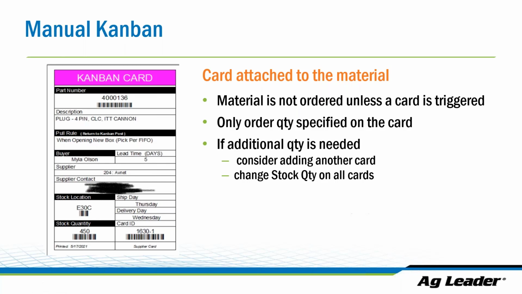Again, everything is on the card, so the buyer doesn't have to go into Epicor and do further investigations as to what they need to purchase. When they receive the card, they have all the information they need. They just make their PO and move on with the next card. And again, everything is on there. You don't order material for that part if it's designed to be a Kanban part.